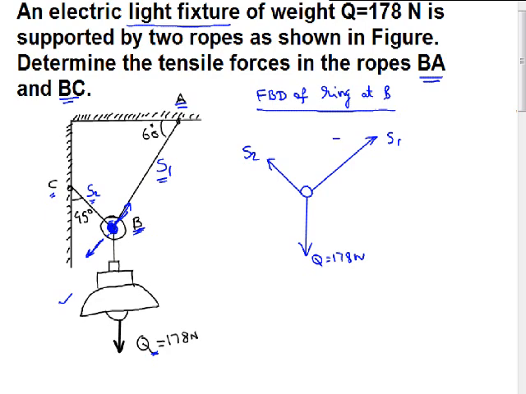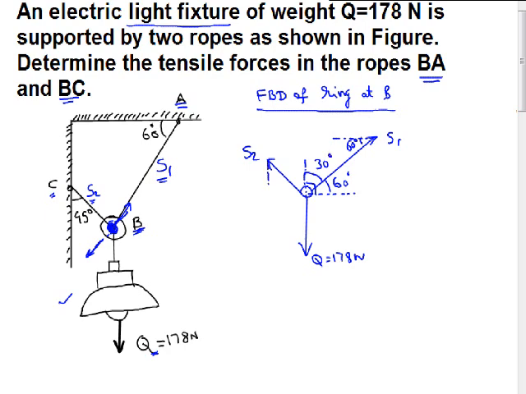Once we do this, we'll show all the angles. This angle is 60 degrees. So you can very clearly see that this angle will also be 60 degrees. If you try to extend this vertically up, since this whole angle is 90 degrees, this angle will be 30 degrees.